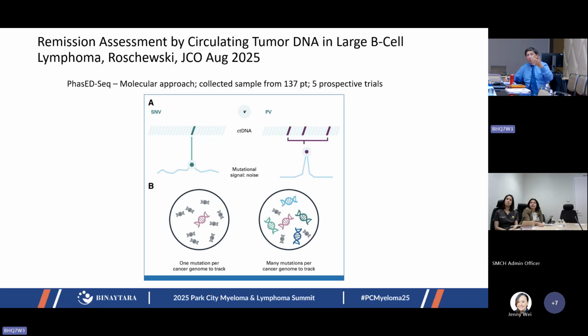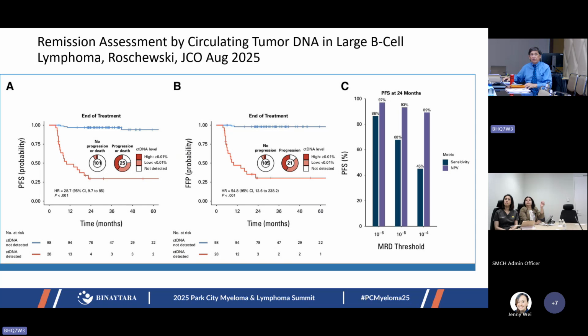And what he did is go through 5 prospective trials that had post-treatment samples to actually do the analysis. And this was comparing it to flow cytometry and PET scan.